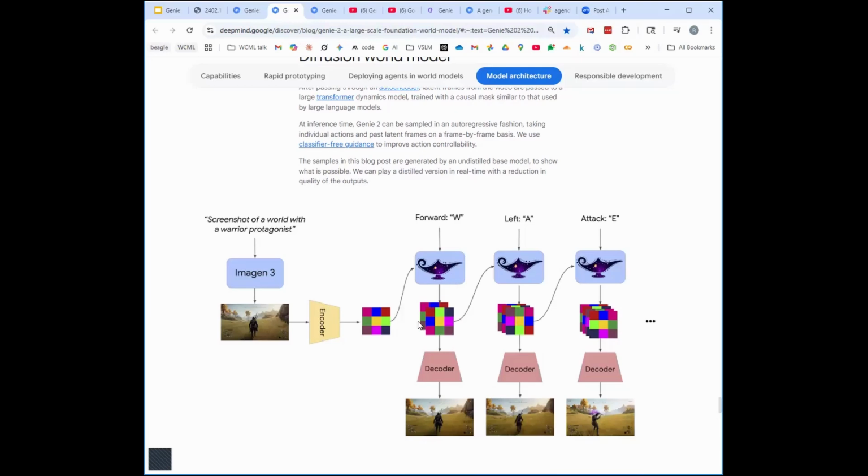I don't think that's literally how it's represented, but I'm saying the dynamics model has to say: I've seen these previous frames, generate something very similar to the previous frame, but this is how I'm telling you it should be different. And then the diffusion model does the actual pixel rendering, so to speak.